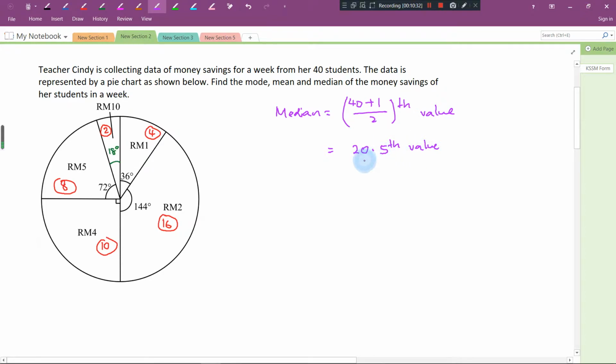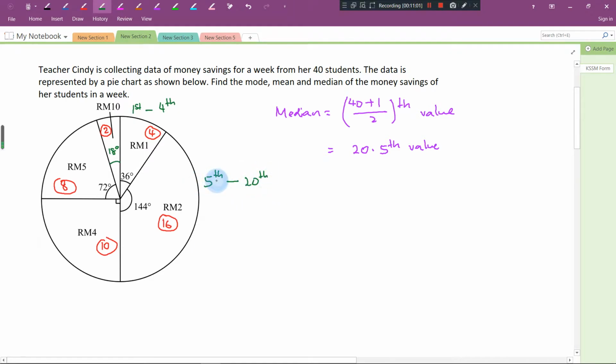Okay, then we know that we have to take the 20th value plus the 21st, and then divided by 2. So this is the first data, first until fourth. So this is 5th until 20.